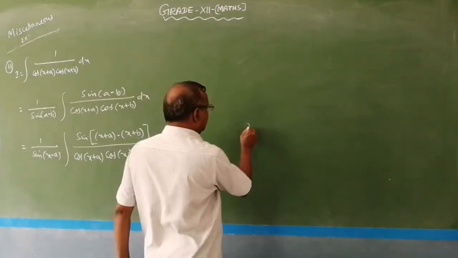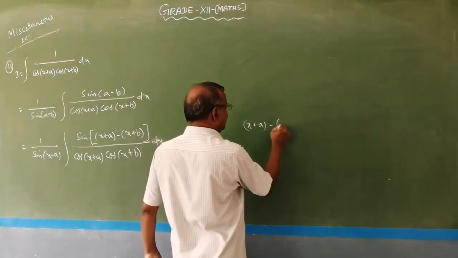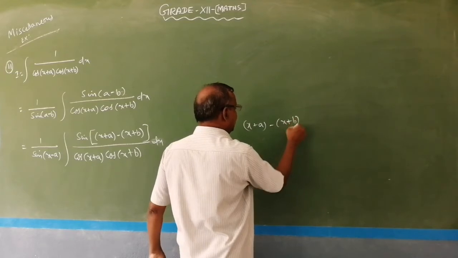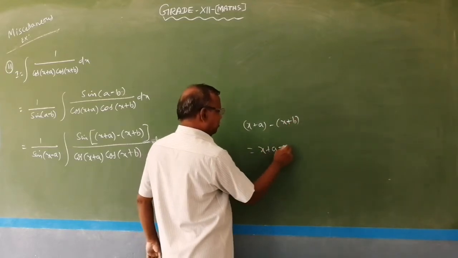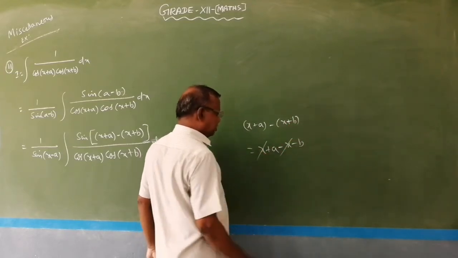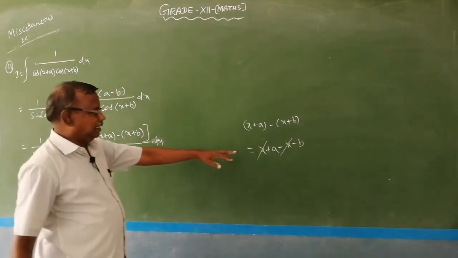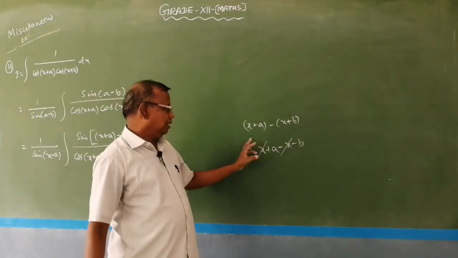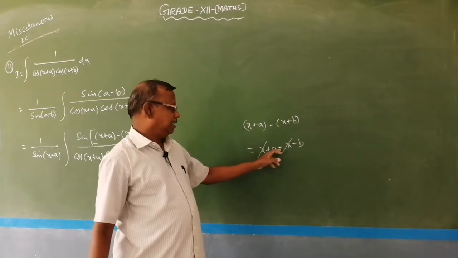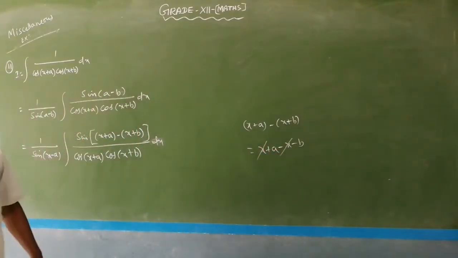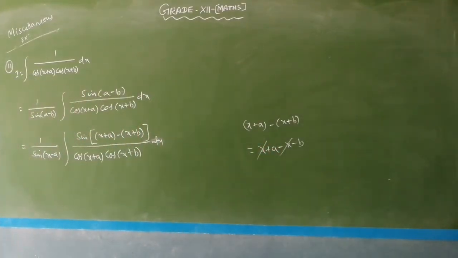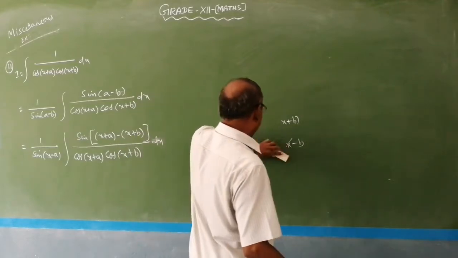Now x plus a minus of x plus b is equal to x plus a minus x minus b. Note it is nothing but a minus b. So a minus b we are writing like this, x plus a minus of x plus b, which is nothing but, expanding this, a minus b only we are getting.